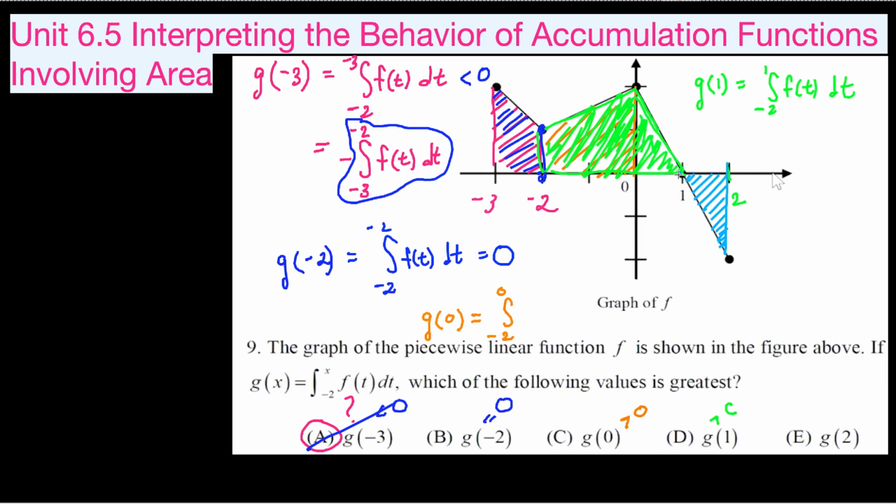So the whole thing for g of 2 would be the sum of this blue part that I'm shading, the area there, and then minus whatever area is here, which is going to wind up being less than the green part. So it is for sure choice D in this case. This is the correct answer.